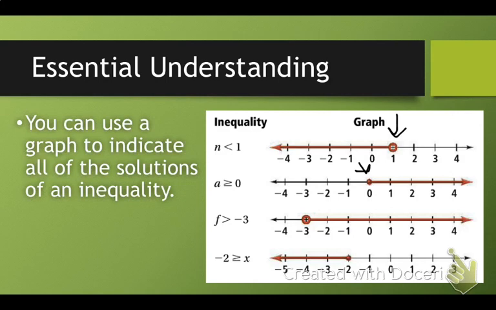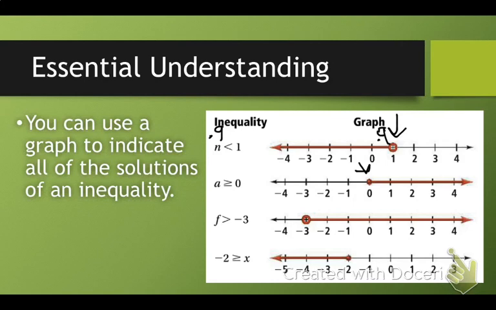However, anything smaller than 1, so 9/10 is slightly smaller than 1, and that could fit as a solution. So while we don't typically use decimals or fractions at this point, at least in our inequalities, we do need to represent that anything less than 1 is a solution.